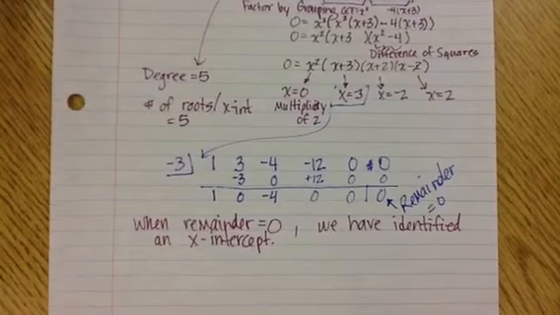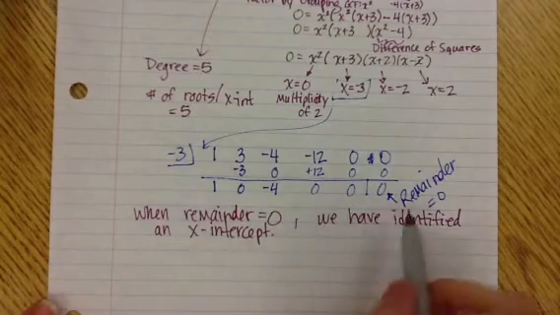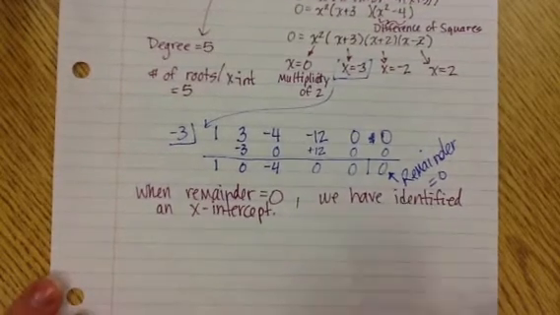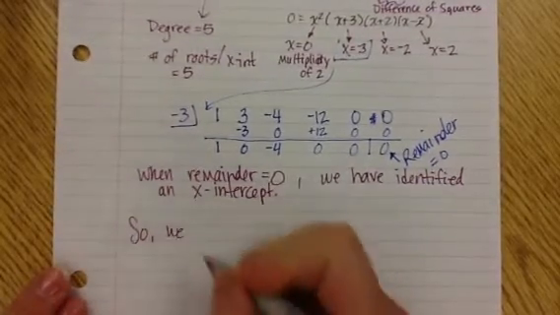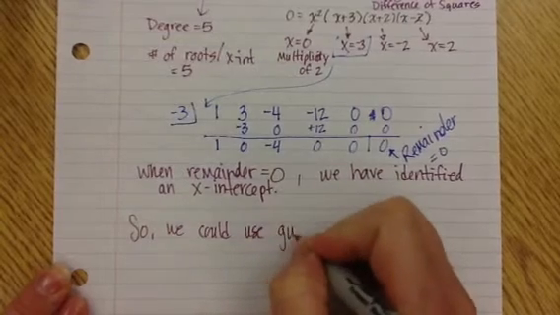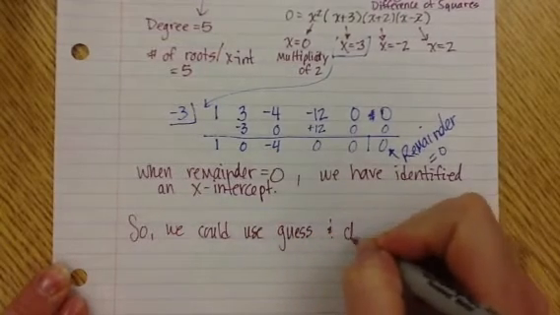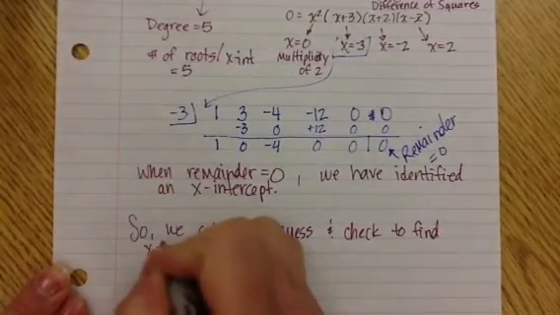So another way to find x-intercepts, besides just factoring, would be to just guess a number, try synthetic division, and see if we get a remainder. So let's write that down. We could use guess and check to find x-intercepts.